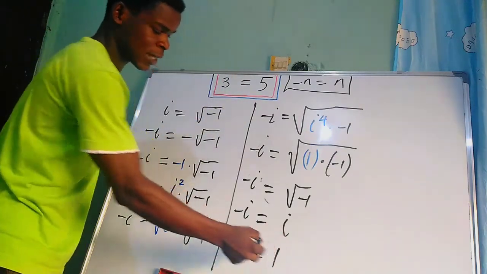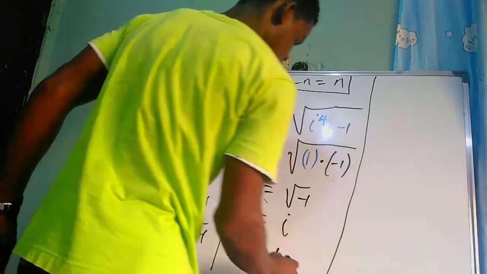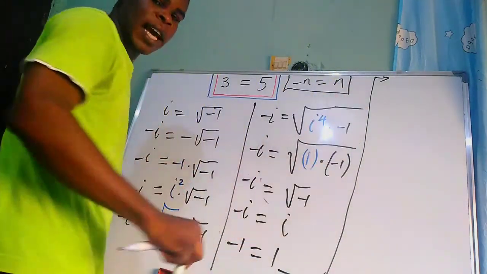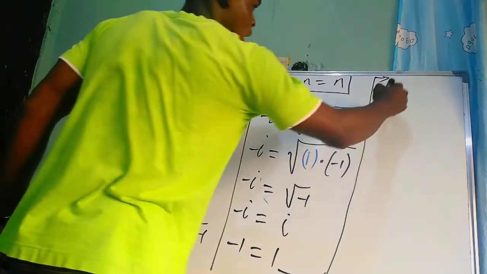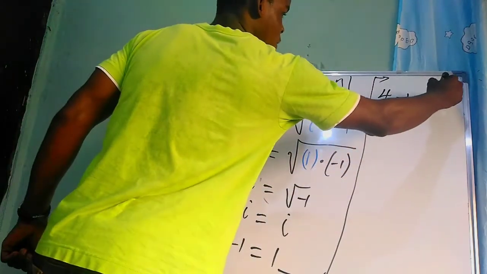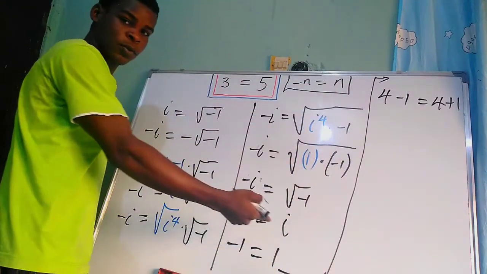From our results like this here, let me take it up. From this result we have, I can simply show you guys that if I simply add 4 on both sides, I'm going to have 4 minus 1 on the left-hand side, and on the right-hand side I'll have 4 plus 1. On the left-hand side, I add 4 to both sides like I told you.